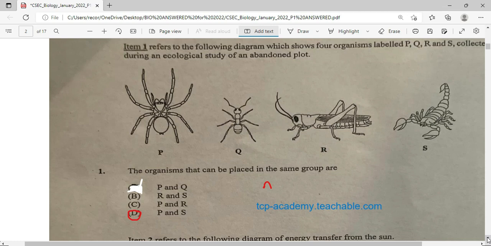The spider is an arachnid. The scorpion has what is called a cephalothorax. That's the abdomen and the thorax joined, which makes the scorpion an arachnid, just like the spider. So the answer here is going to be D, P, and S.